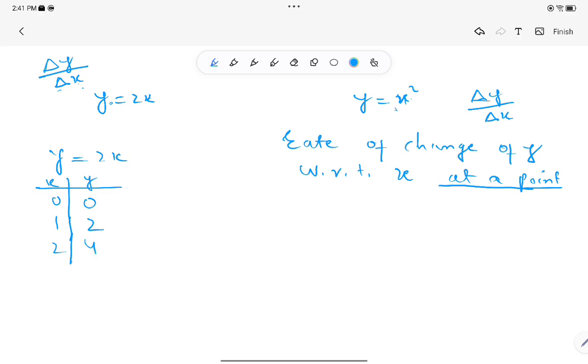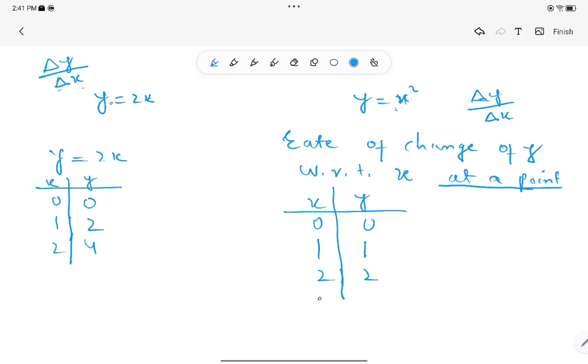And for our topic now, y is equal to x square. In the case of y is equal to x square, you have x, y. x 0, y 0; x 1, y 1 squared, 1 squared is 1; x 2, y 2 squared. There is one interesting thing in this equation.